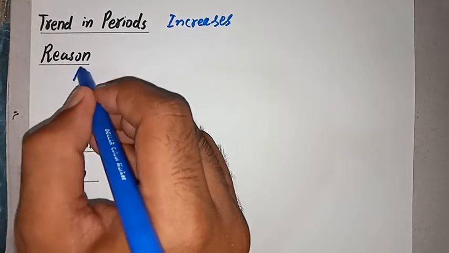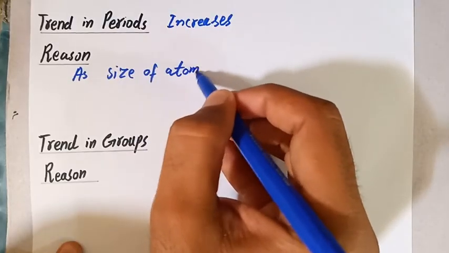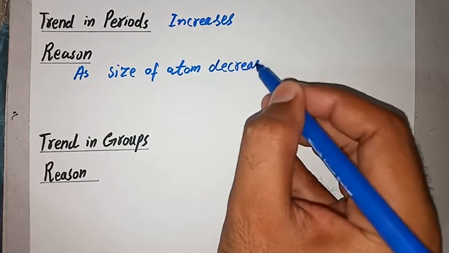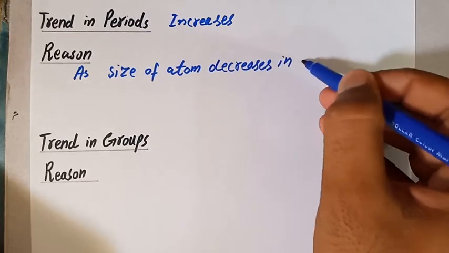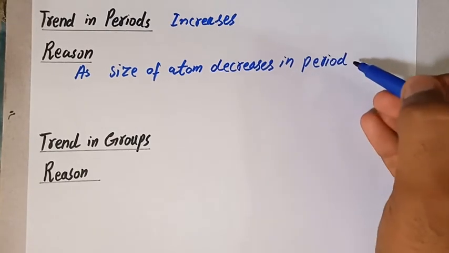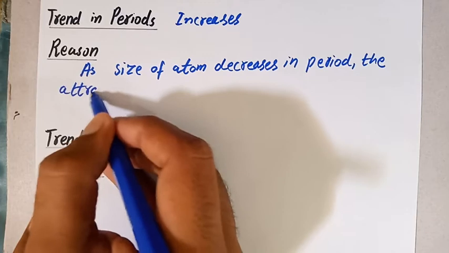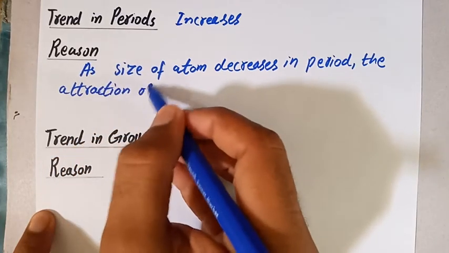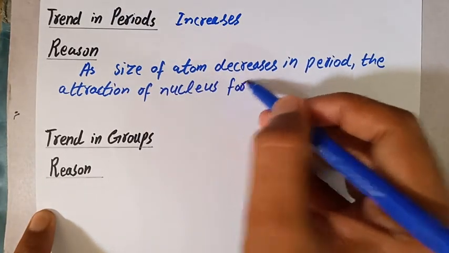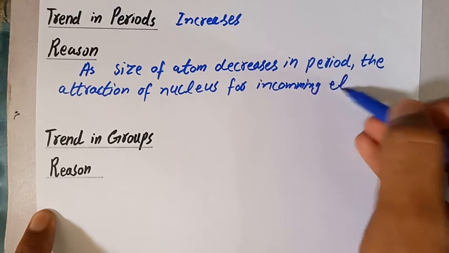Because as the size of the atom decreases in a period, the attraction of the nucleus for incoming electrons increases.